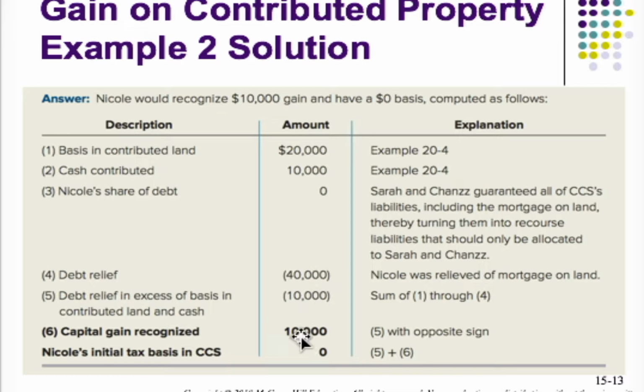So we would recognize that $10,000 in capital gain from the debt relief in excess of basis in contributed land and cash, which is just that amount turned around and turned into a positive number, which effectively cancels that out and causes this to zero out.